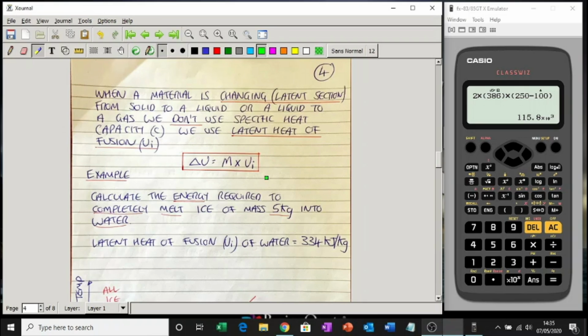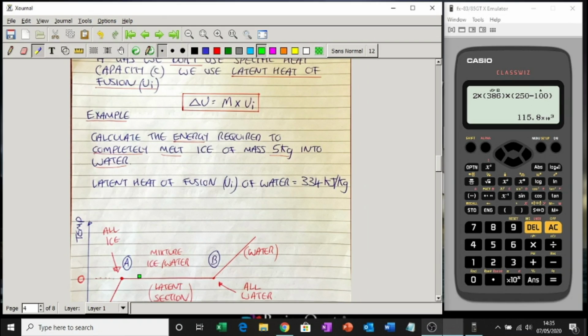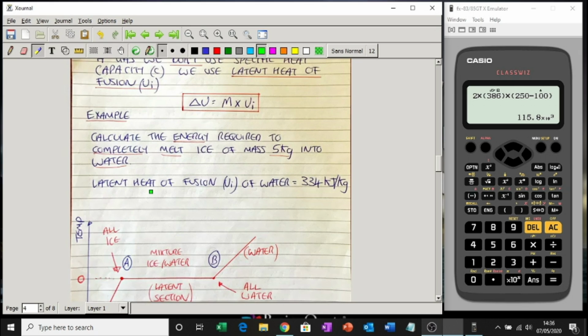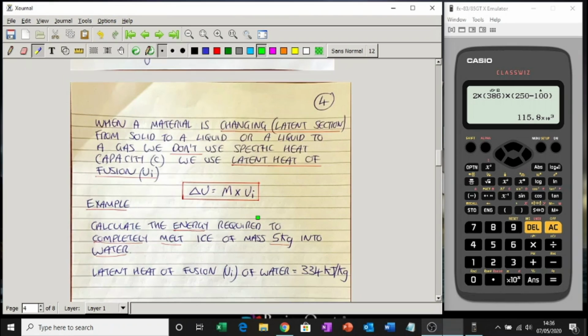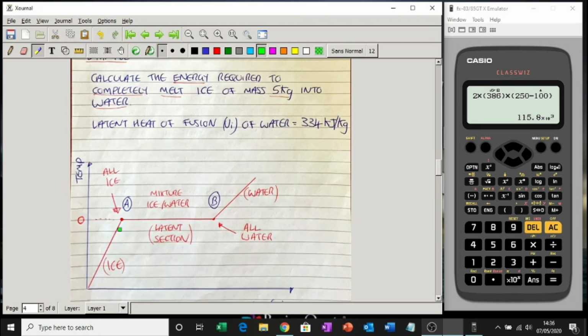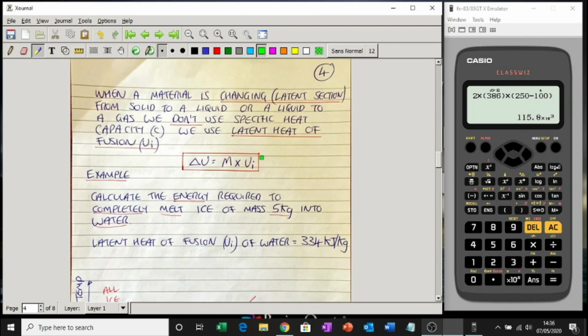This would be latent heat of fusion. When we're going from solid to liquid, we have latent heat of fusion. And the same thing happens when we go to evaporation. We'll have latent heat of evaporation. So in a normal state we have a c value, but when we've got latent heat, we have a different type of value.